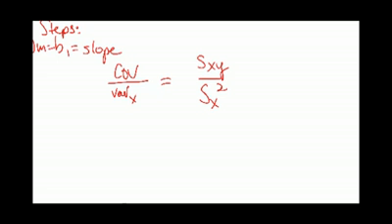After you find the slope of your line, you're going to find the y-intercept. In other words, you're going to find either b0 or b, whatever you want to call it.